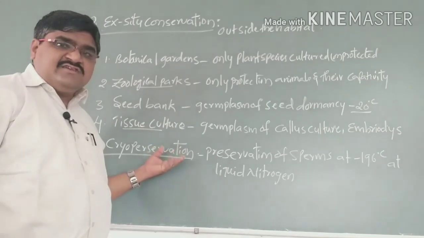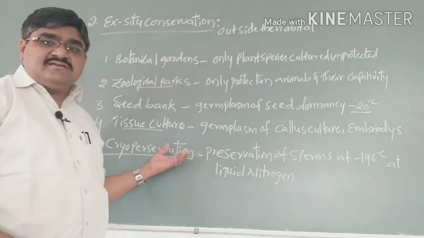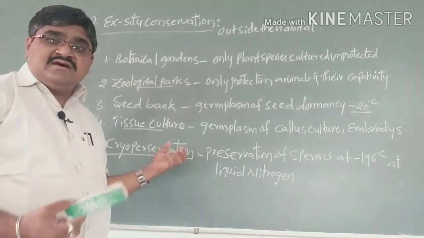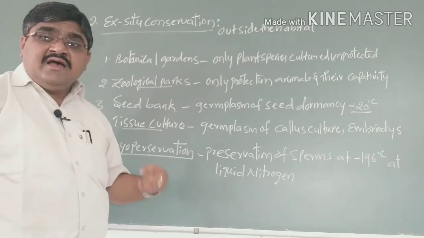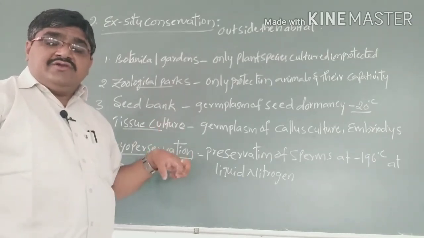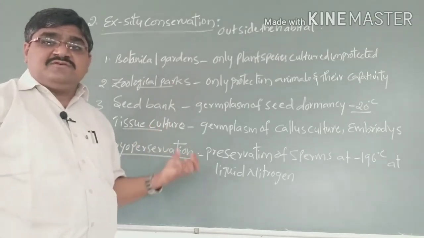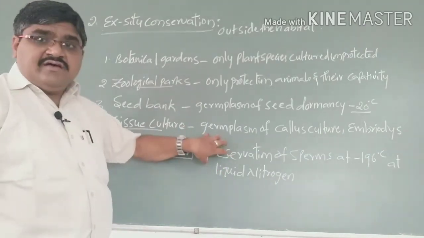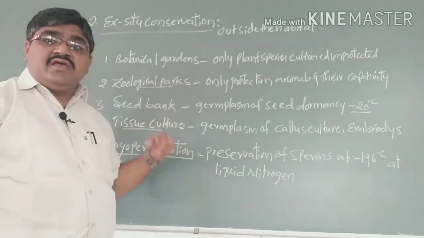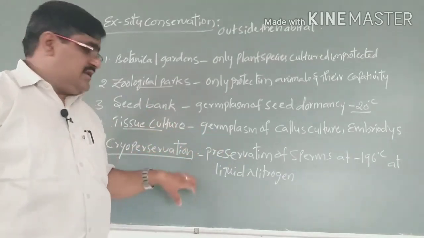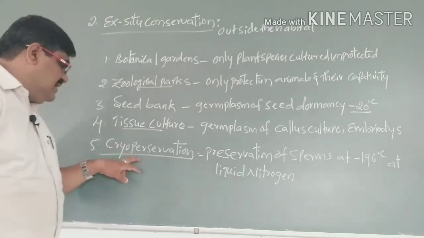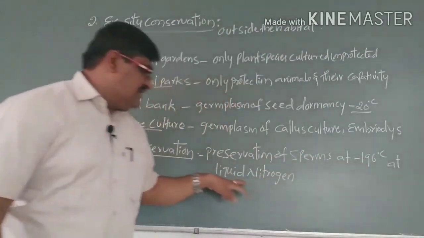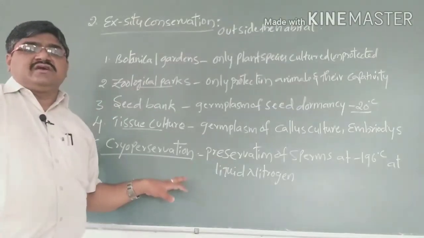So for species which are endemic or going into threatened or endangered status, sperms are collected and we can produce the next generation, preserving various types of species by storing the sperms. This type of preservation we call cryopreservation, where the sperms are preserved at minus 196 degrees centigrade in liquid nitrogen.